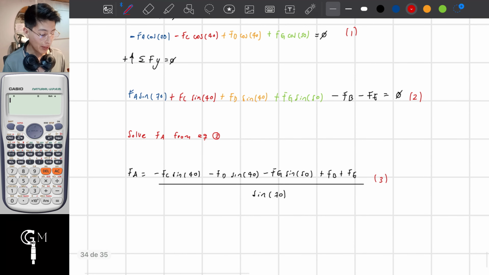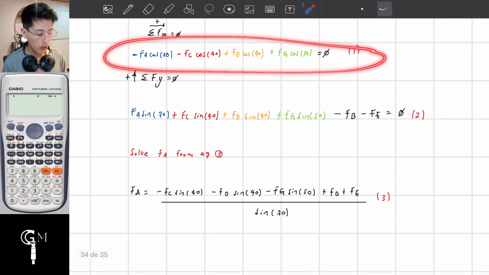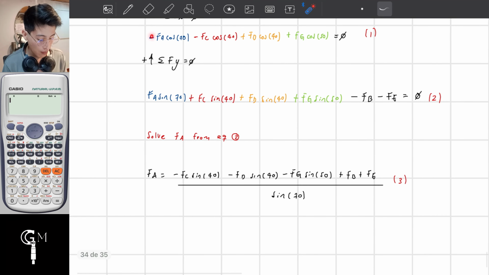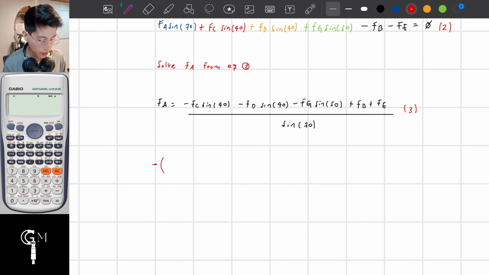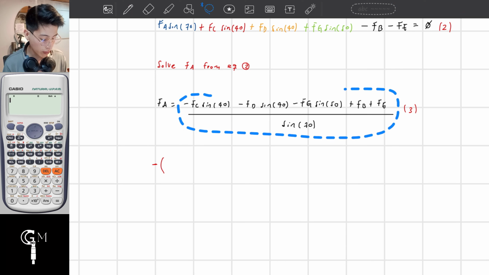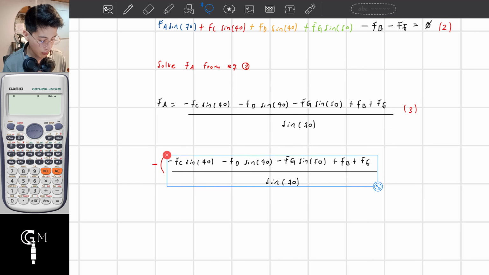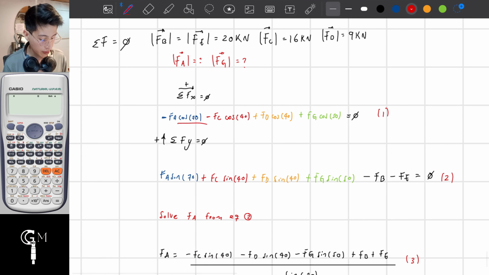And I have to replace this information within the equation that I've not used yet, in this case, equation number 1. So, minus FA minus, open parentheses, FA is all this, so copy, paste, close parentheses, multiplied by the cosine of 70, minus, and actually everything else.